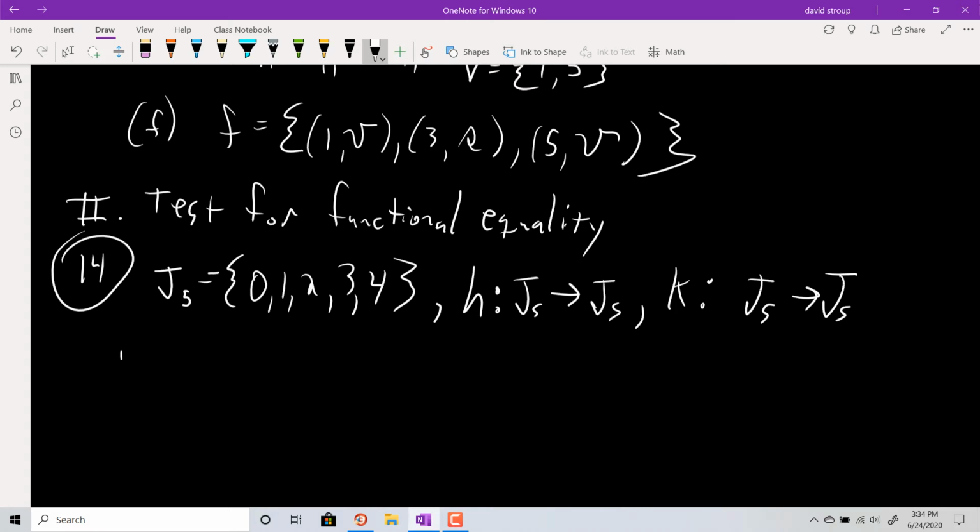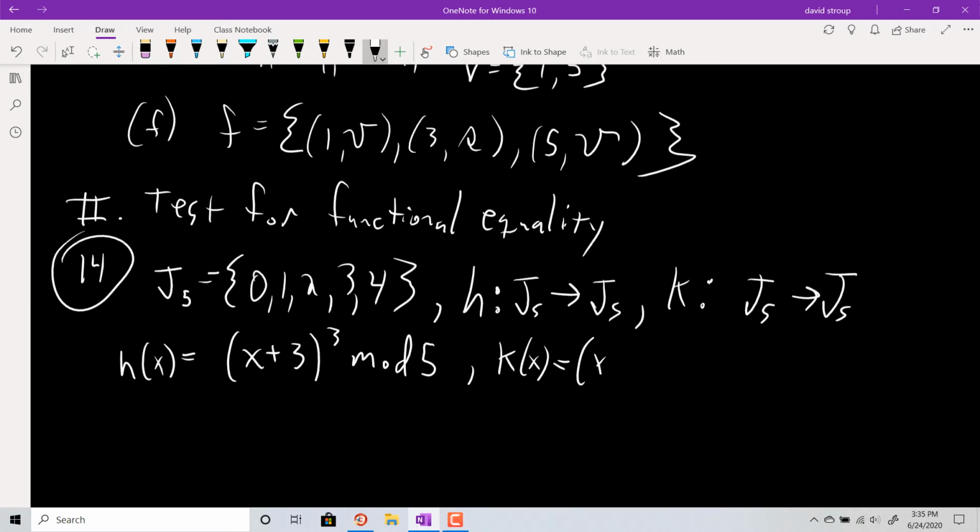And what are the functions? So h of x is equal to (x plus 3) cubed mod 5. k of x is equal to x cubed plus 4x squared plus 2x plus 2 mod 5.